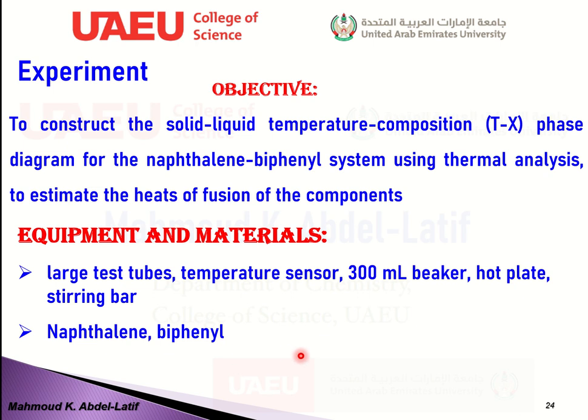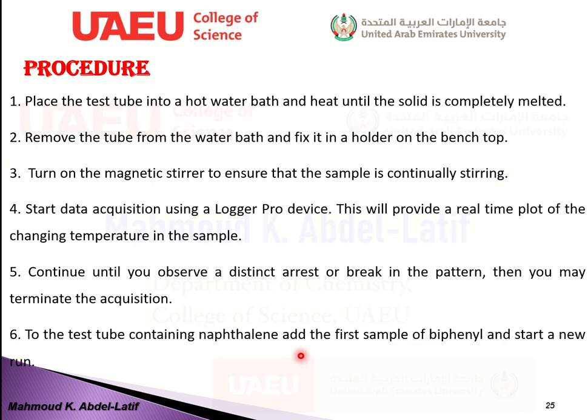Just a reminder, you have to wear all safety equipment: goggles, gloves, and a lab coat, for safety. For the procedure, I would suggest reading it very carefully from the manual. Place the test tube into the hot water bath until it is completely melted.